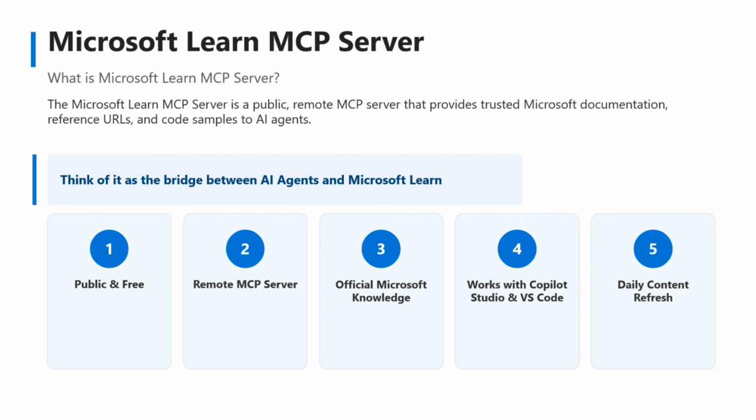It also works seamlessly with Microsoft Copilot Studio and Visual Studio Code, making it easier to build AI-powered solution using official Microsoft content. And finally, the content is refreshed daily. So AI agent always has access to the latest Microsoft documentation, reference URL, and code samples.